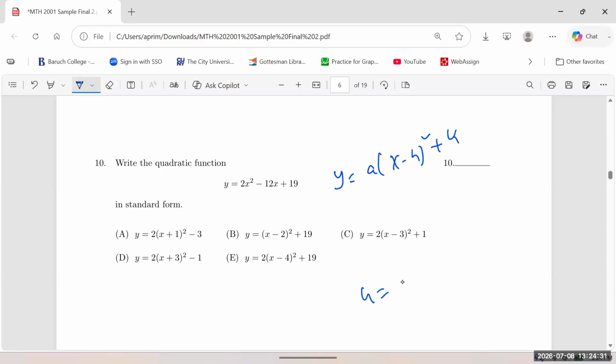What is h? Negative of negative 12 over 2 times 2, right? Negatives cancel out. 4 goes into 12 3 times. So h is 3. So (x minus 3) squared. So not this, not this, not this, not this. This one.